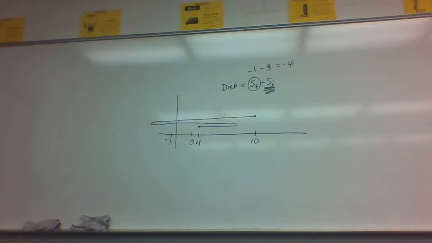How do you find average velocity? Total distance over total time. How do you find total distance? Displacement. Yes. Remember, distance can be a lot more than displacement.